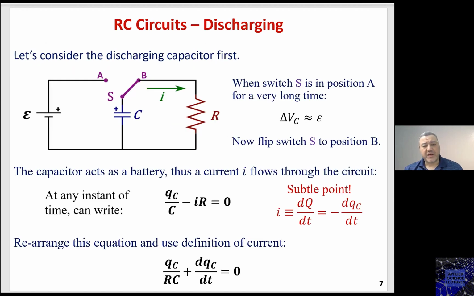Now let's look at the second case where the capacitor is discharging. So the capacitor was already charged, and now it is discharging. How is this capacitor going to behave?